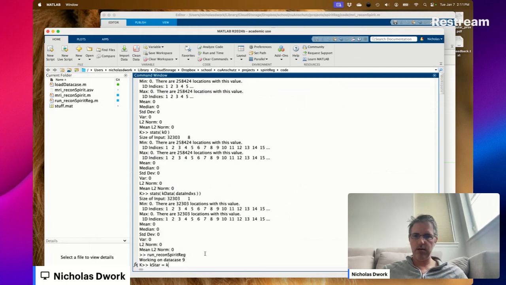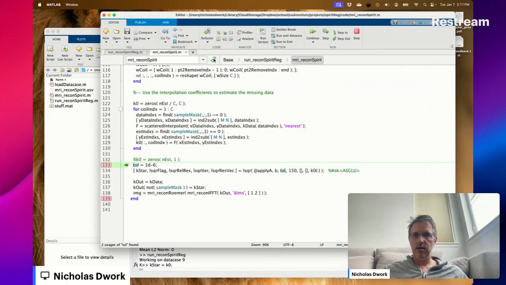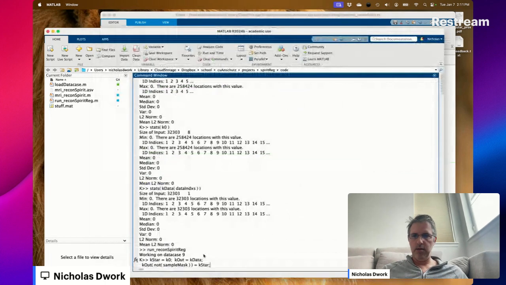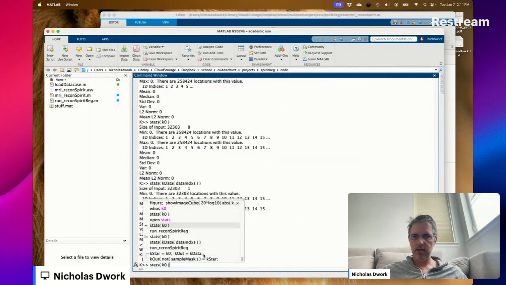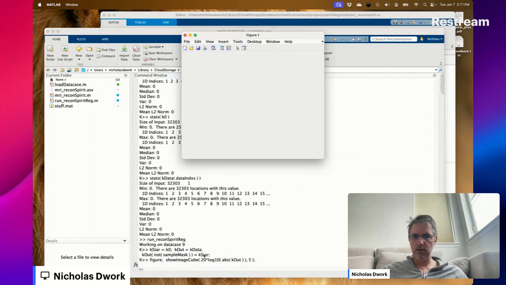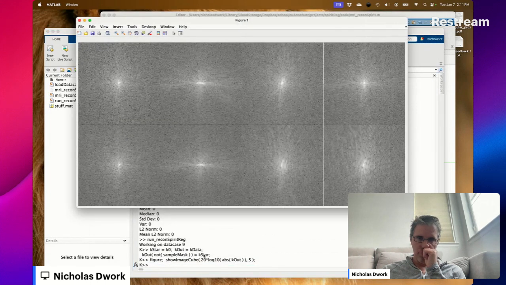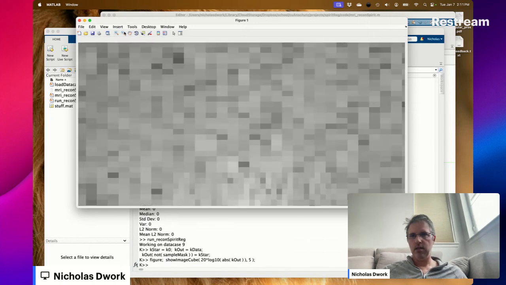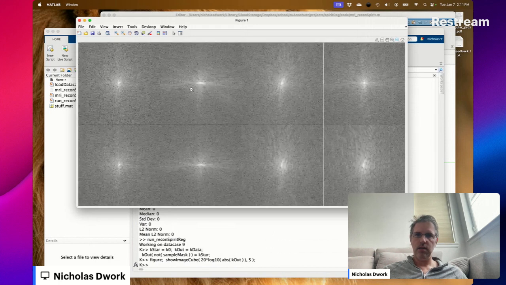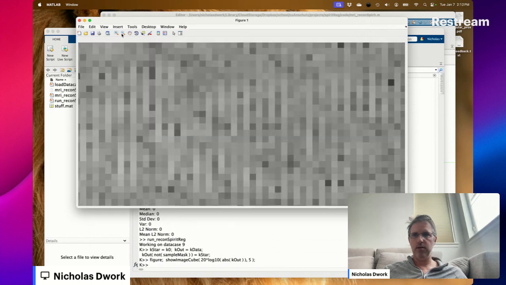K star is equal to K naught. Now I'm going to look at what this is. K out. Okay. That looks like a decent initial first guess, doesn't it? There's clearly still stripes here, but not nearly as bad as before.